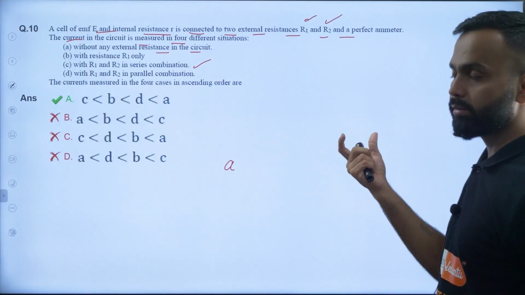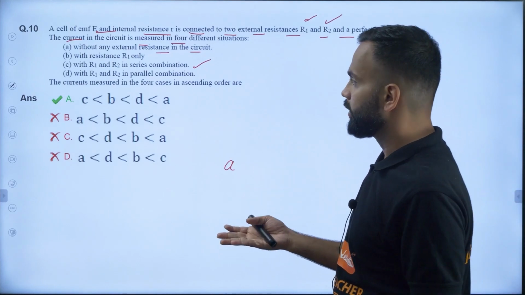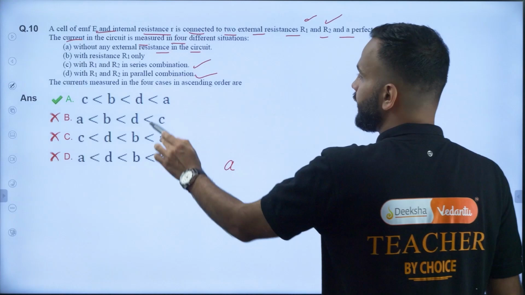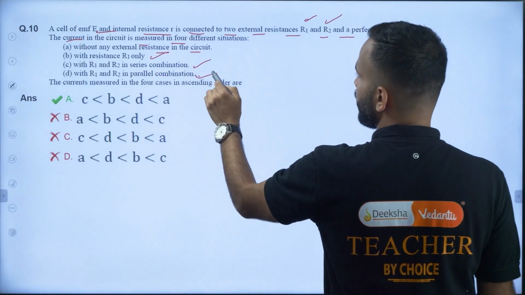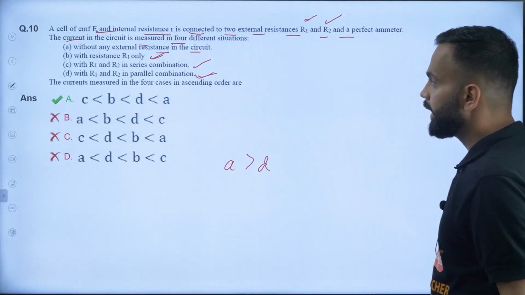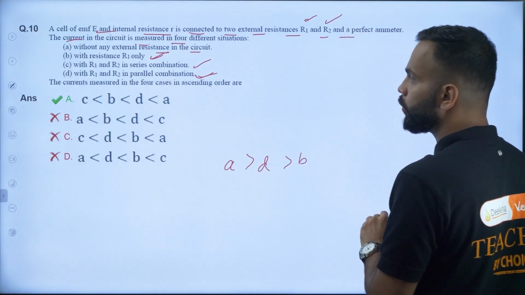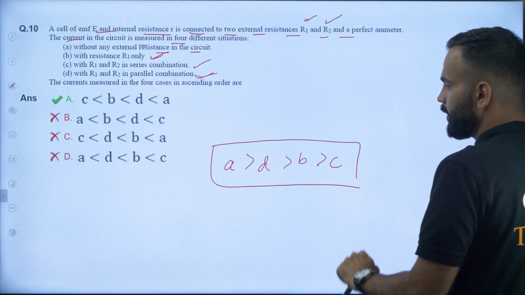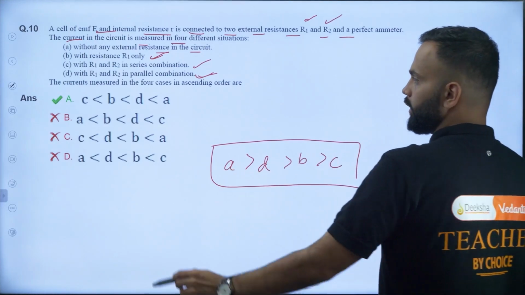The current will be lower compared to B and D. So A is greater than D, the parallel combination, D is greater than B, and B is greater than C. They have given decreasing order, so the correct option is A.